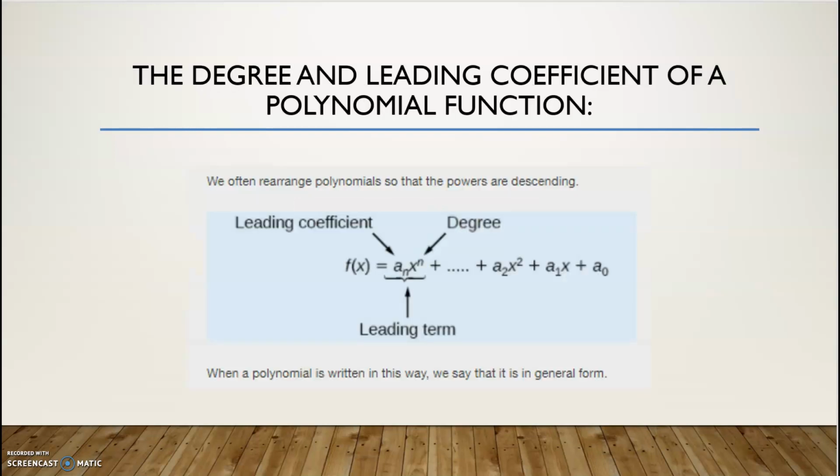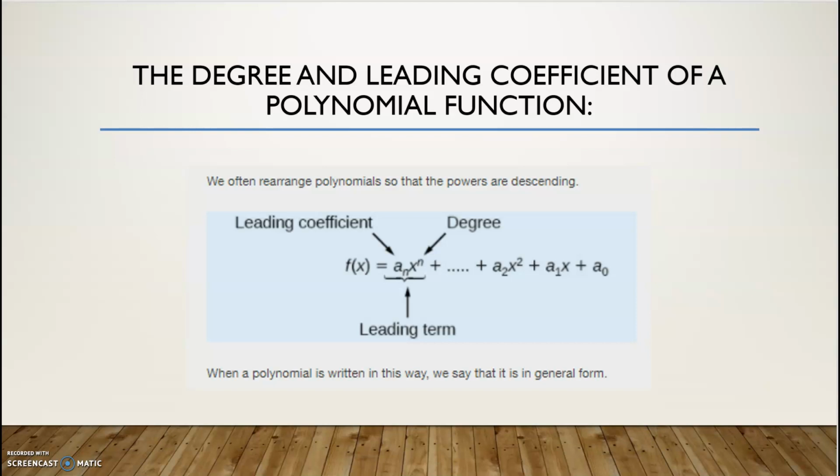Okay, so what we're going to do is break apart the polynomial into two things. We've got a degree and a leading coefficient of the polynomial function. When we have it in descending order, the powers go from the biggest down to the smallest.